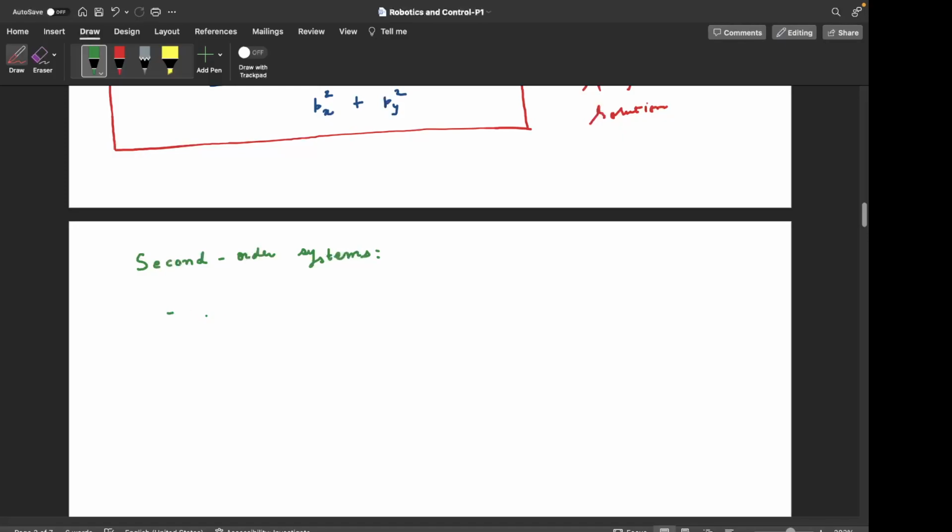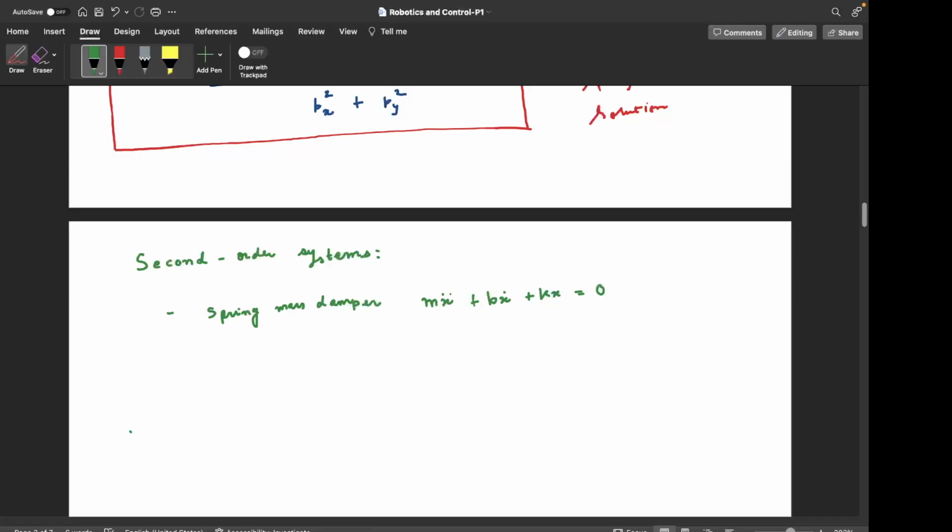What do we have? Spring, mass, damper, right? And you know the very common equation, mx double dot plus bx dot plus kx is equal to 0. This is the unforced case. So this is the damping term and this is the spring term.